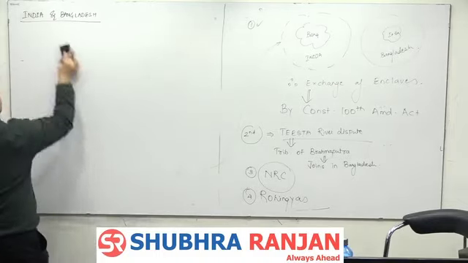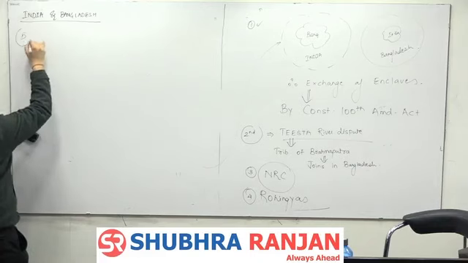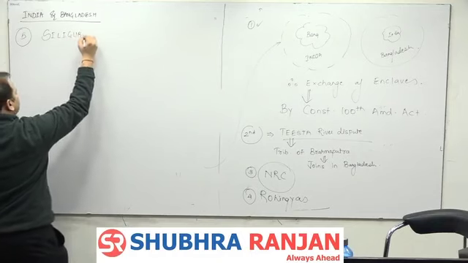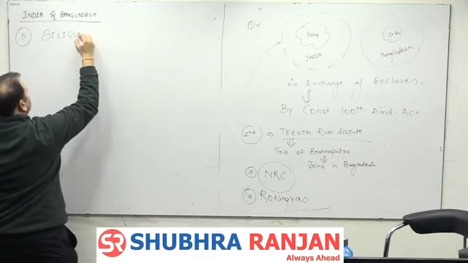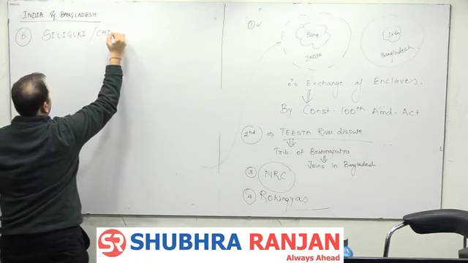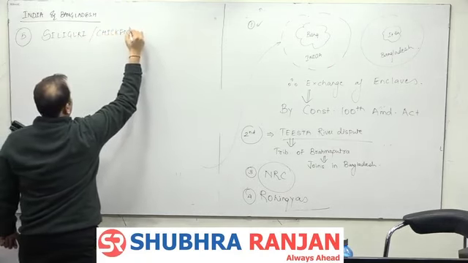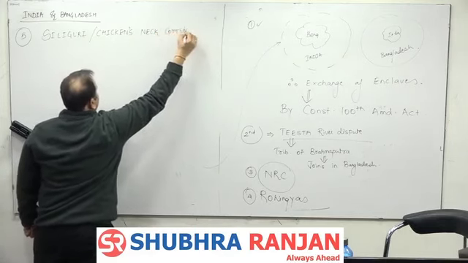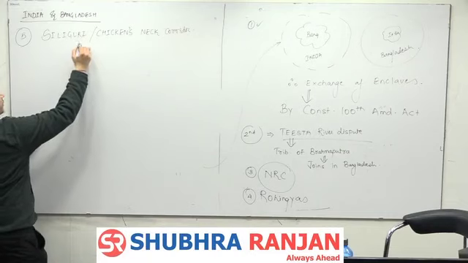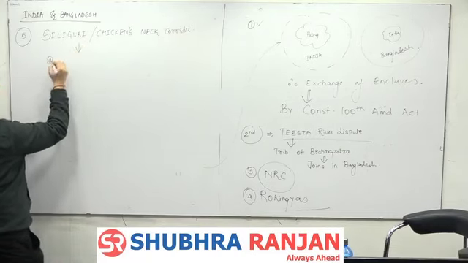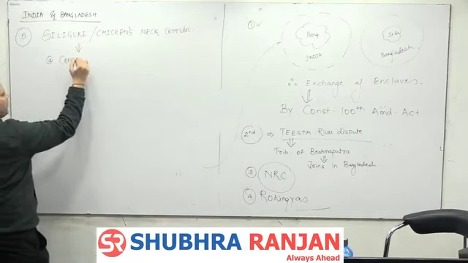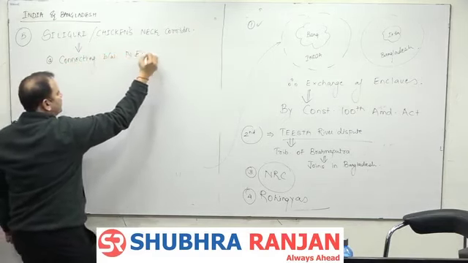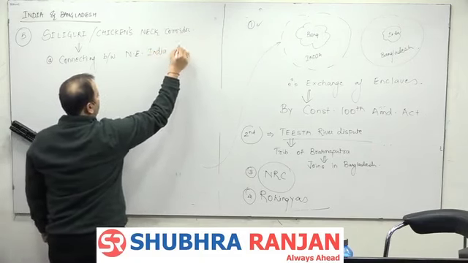And the fifth and the most important part which becomes a security threat is the Siliguri corridor. So what is this chicken neck corridor? It is a connecting link between Northeast India and mainland India.